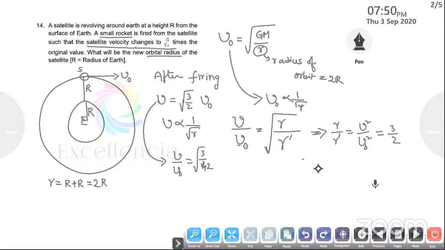So now r dash is equal to 2 by 3 times the previous radius of the orbit.